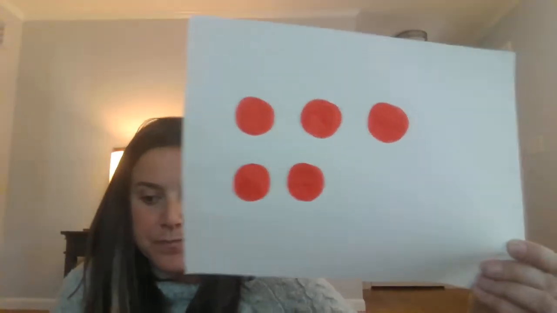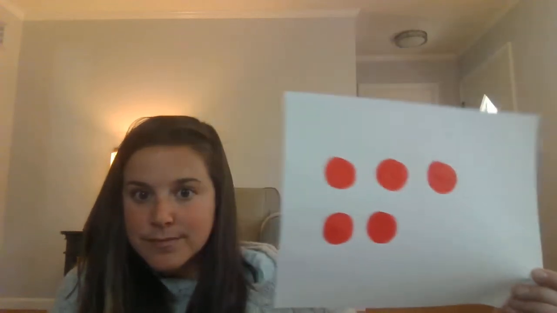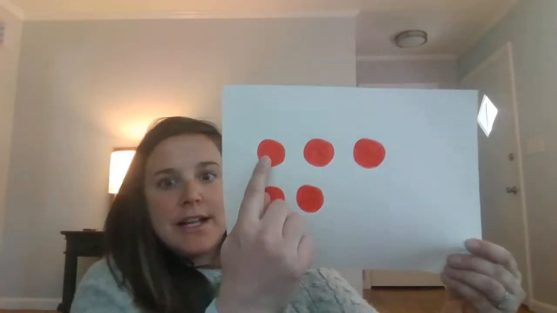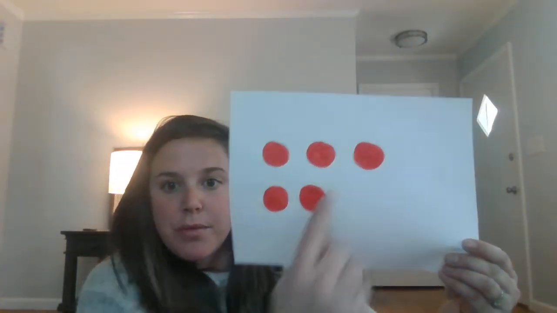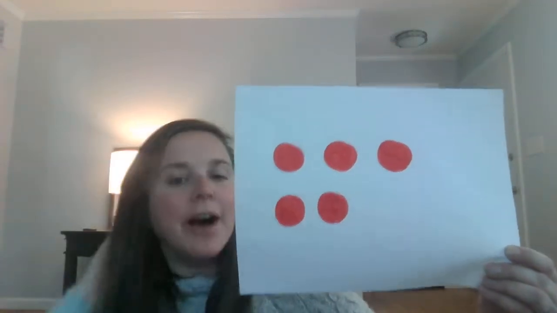So I'd start by showing you this dot card. Maybe we'll do this one as an example. How many dots do you see? 5, right? You see 5 dots. 1, 2, 3, 4, 5. Awesome. Now, how many more, and don't get tricked. There are 5 dots here.